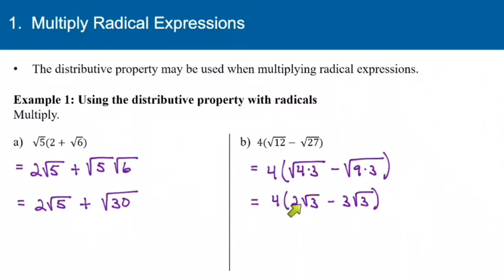Now we could either choose to distribute the 4 at this point, or we notice that inside the parentheses these two radicals are the same, so we're going to be able to combine these into one term. So I'm choosing to do that first. So 2 square root of 3 minus 3 square root of 3 would be negative 1 square root of 3. That leaves us with 4 times negative 1 square root of 3, which is just negative 4 square root of 3.